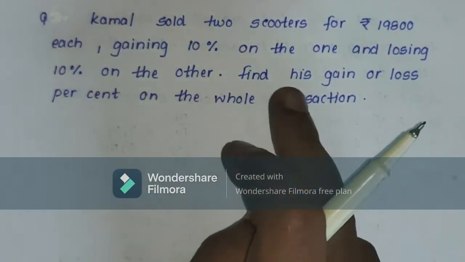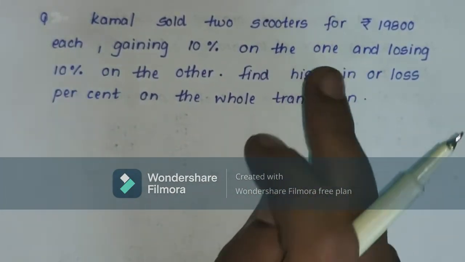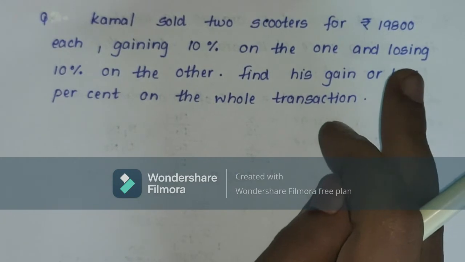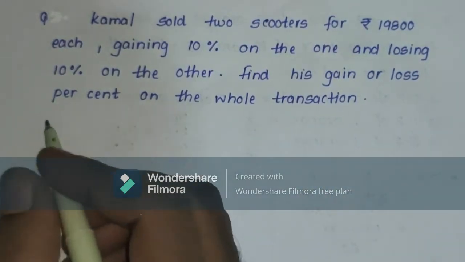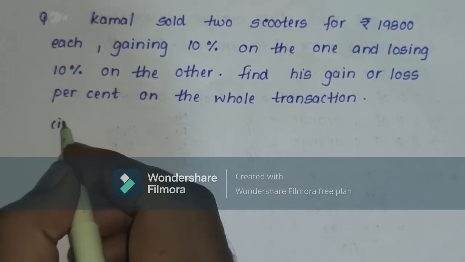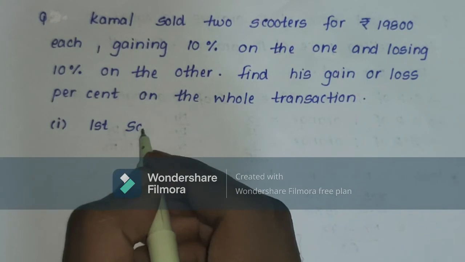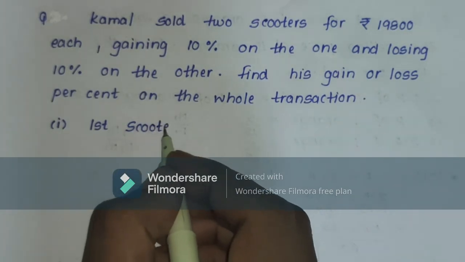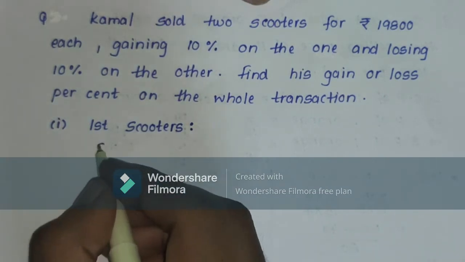But the selling price is the same both times. For both scooters the selling price is the same. What are we going to do? We'll go one by one. So first scooter, we'll write down first scooter. Okay, the SP is how much?